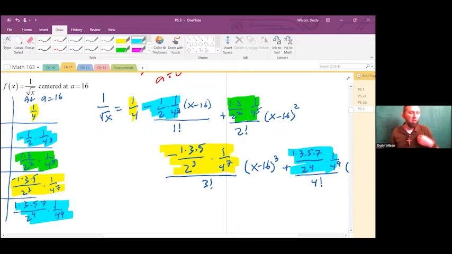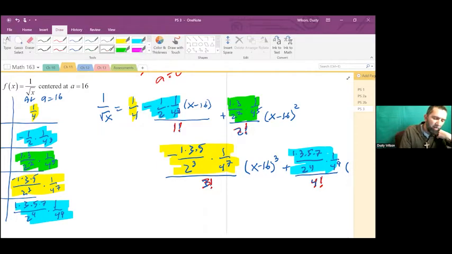So you'll notice that the denominators, the 1 factorial, 2 factorial, 3 factorial, 4 factorial, etc., are coming from the formula, and similarly the x minus 16 to the 0th power, x minus 16 squared, x minus 16 cubed, etc., are coming from our formula.